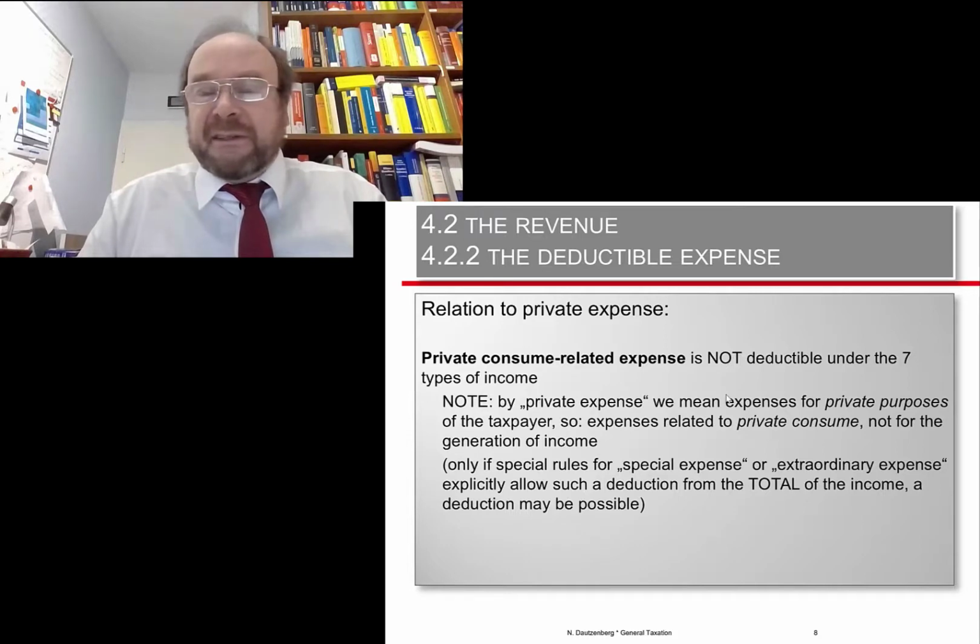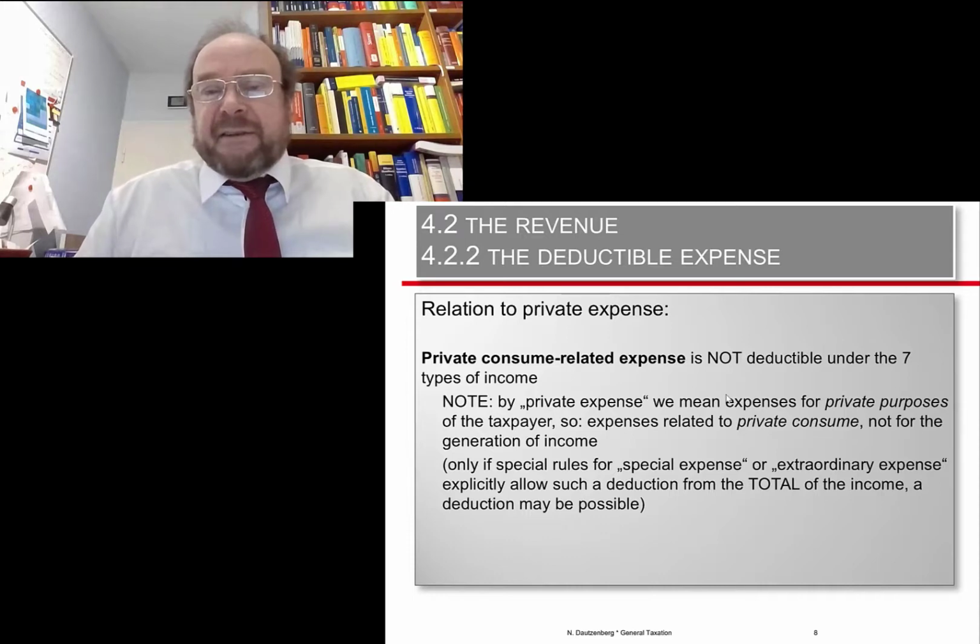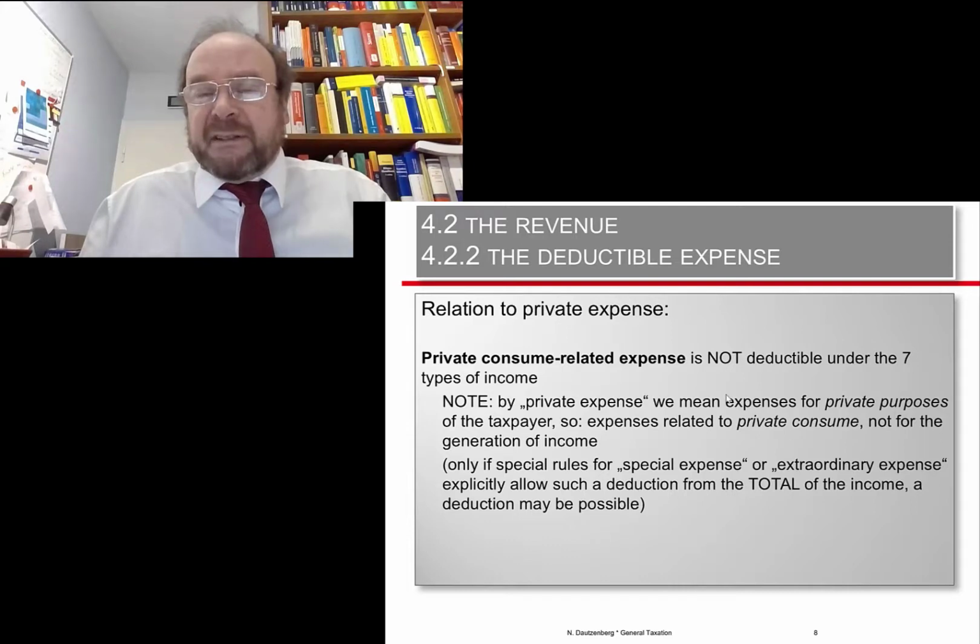The only thing is it's expense which is caused by private consumer-related motives. So in that case, these things are generally not deductible. They are not income related, so they are private.